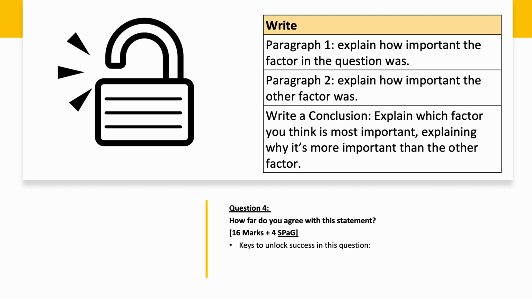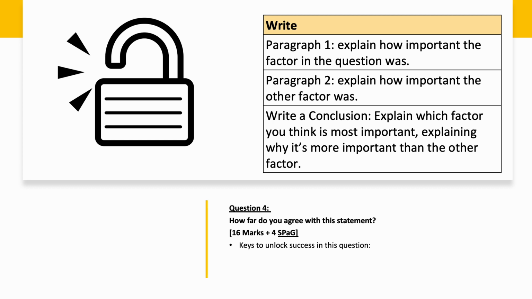The second paragraph is where we explain how important the other factor that we've chosen was. The other factor that we've chosen for this essay, for example, is the Cold War, and that's where we're going to write our second paragraph all about the Cold War. Once we've done that, in order to get from 12 marks all the way up to 16, we're going to make sure we write a good conclusion.